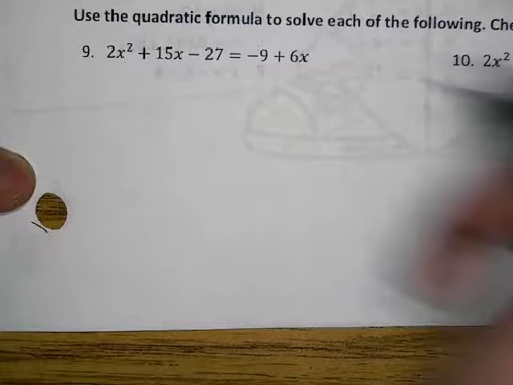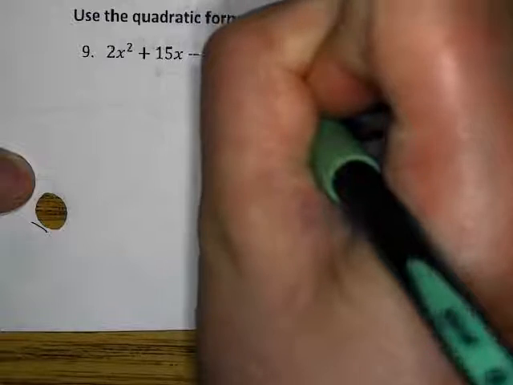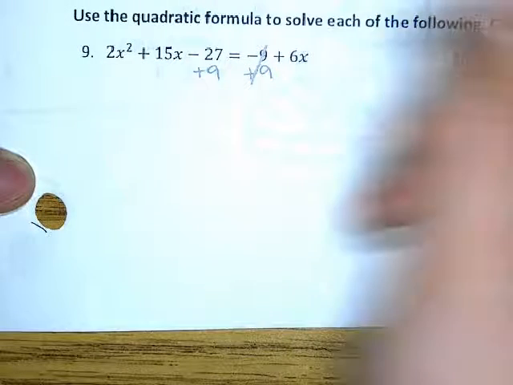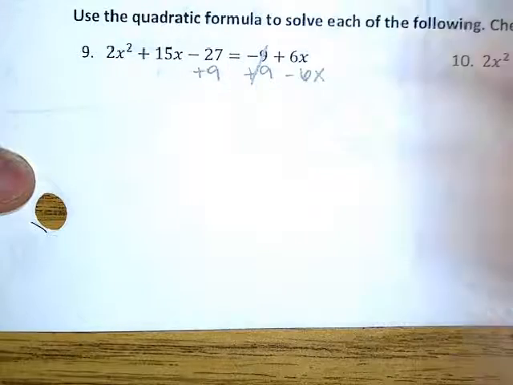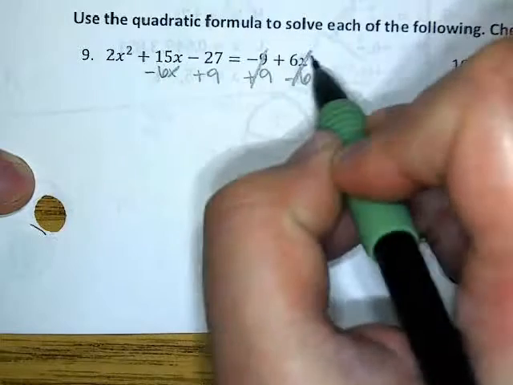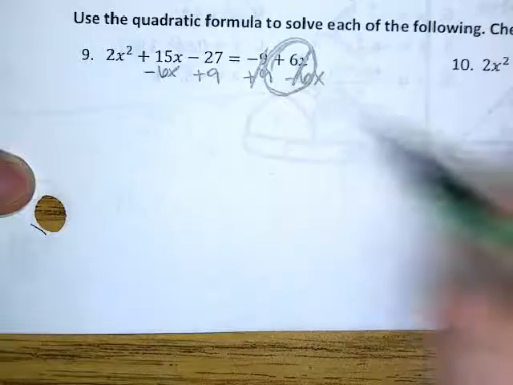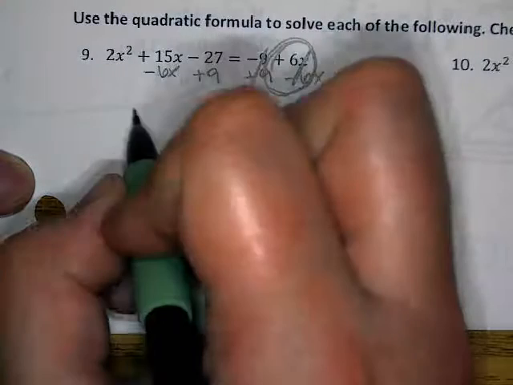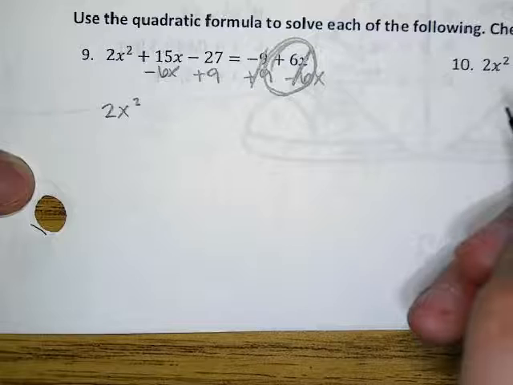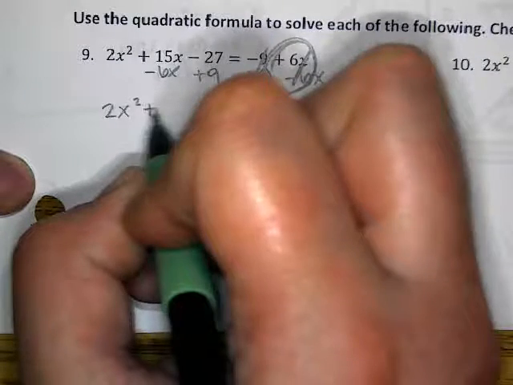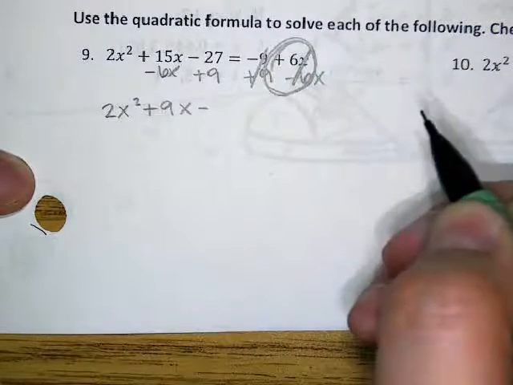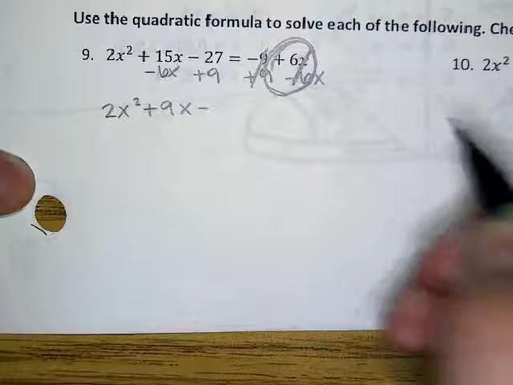Okay, so we will add the 9 and subtract the 6x. So 2x squared plus 9x minus 18.